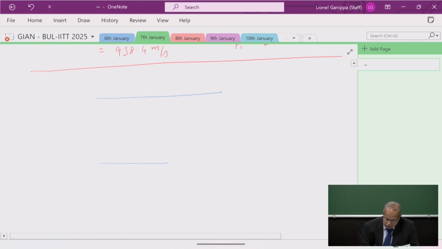The initial flow Mach number, I don't know whether this one will cover M1 equal to 4. Oh, so it is not here. The data is not there, I think. Yeah, it's only up to 3.9 that is there.